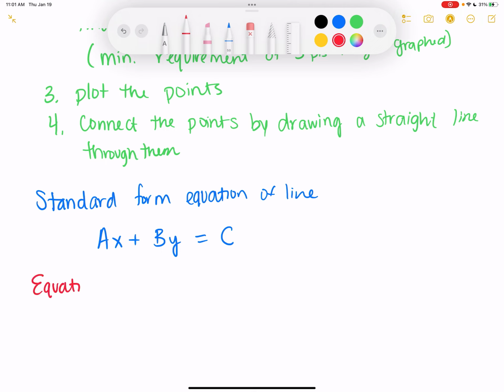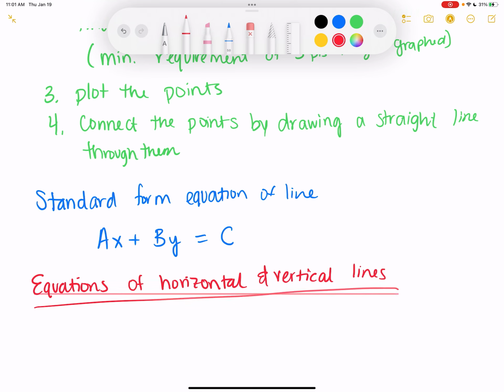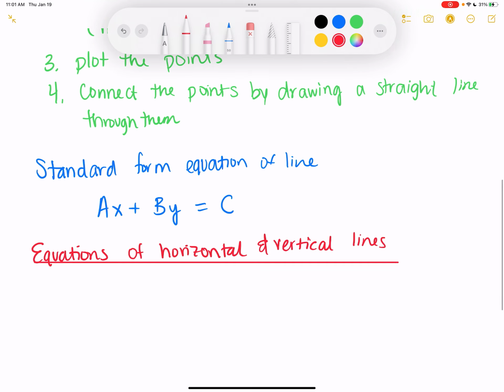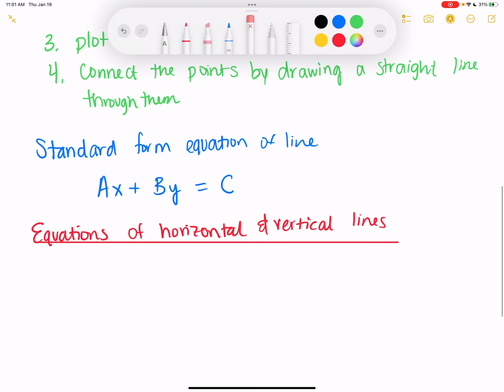We can also have equations of horizontal and vertical lines. We have two options. The first one, the graph of y = b. If your y variable is equal to some number, it is a horizontal line.